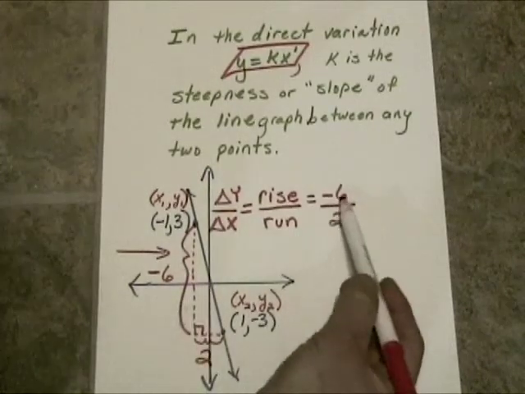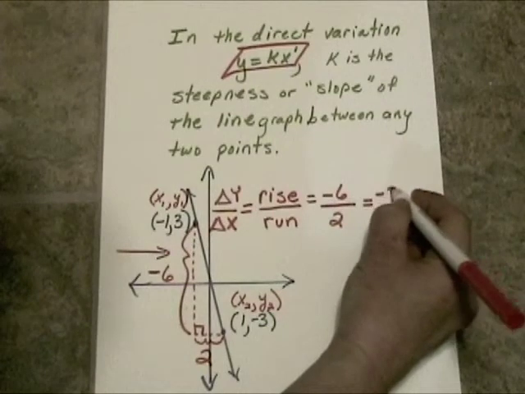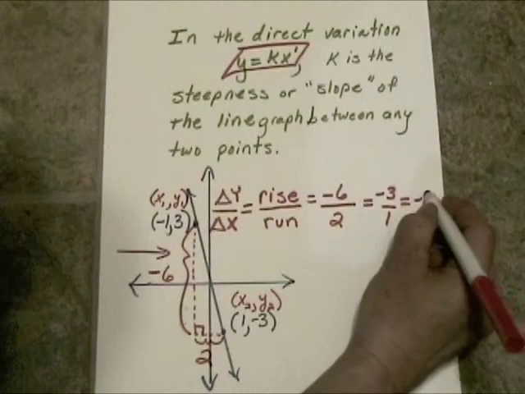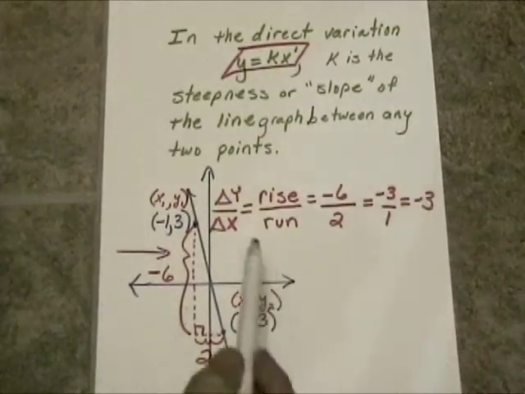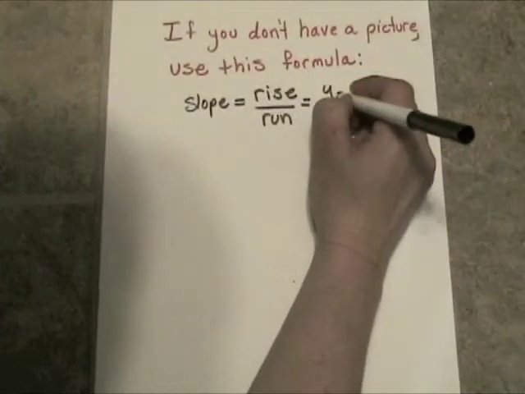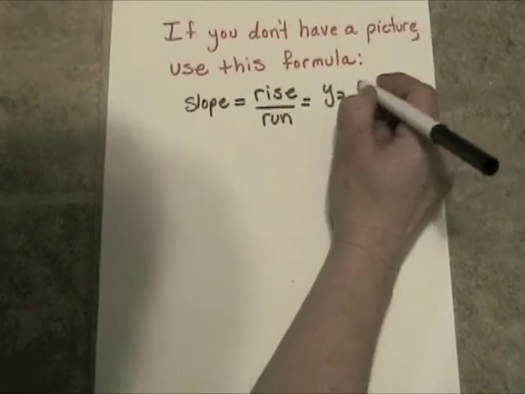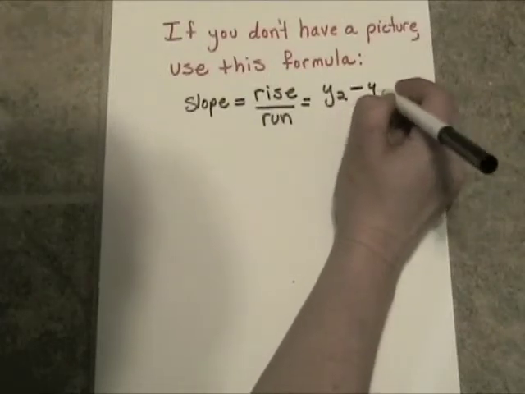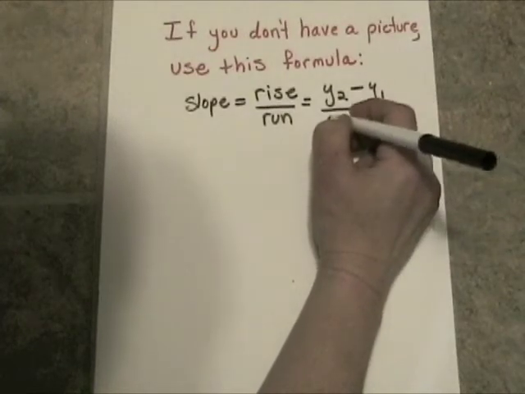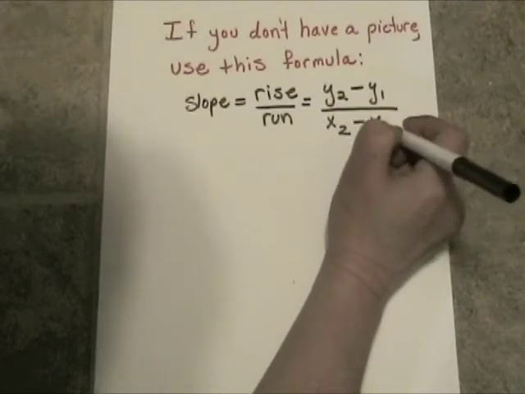In this case, we saw it was -6 over 2, which would reduce to -3 over 1, or even more simply, just -3. So for this particular picture, if we were to come up with the y sub 2 value, that's the rightmost value, subtracting from it the y sub 1, and then that's all over x sub 2 minus x sub 1.